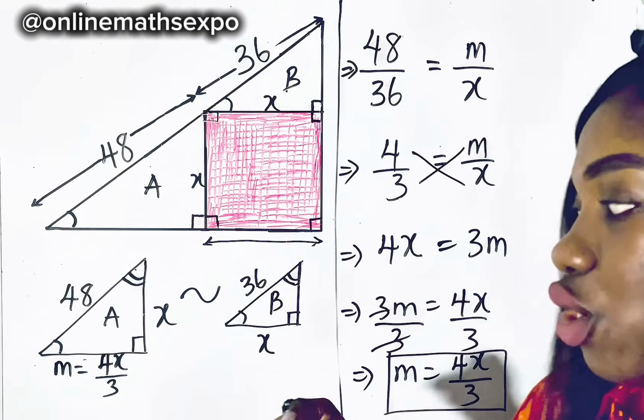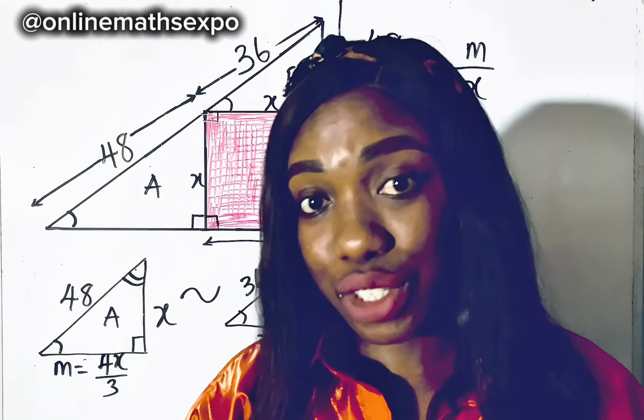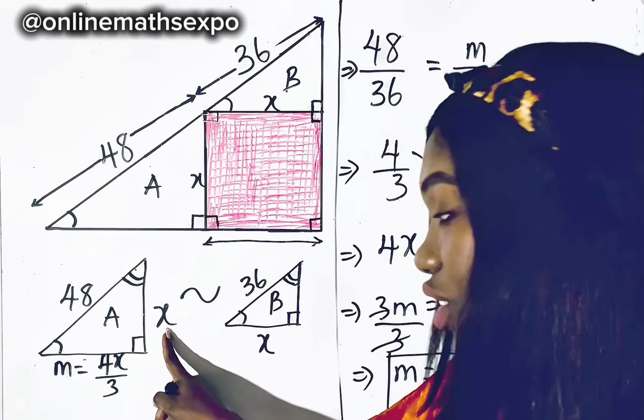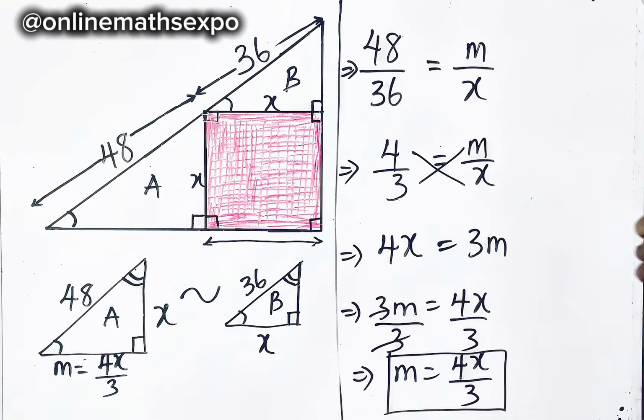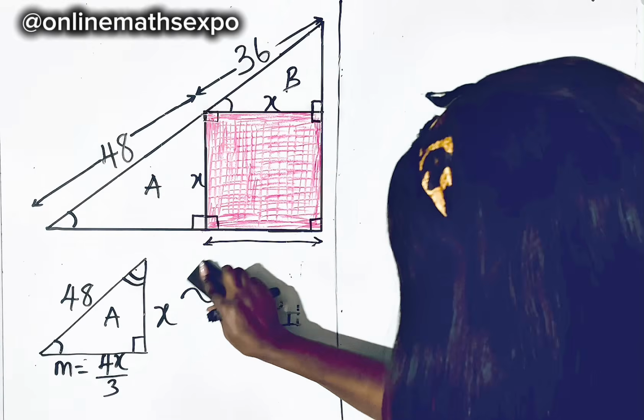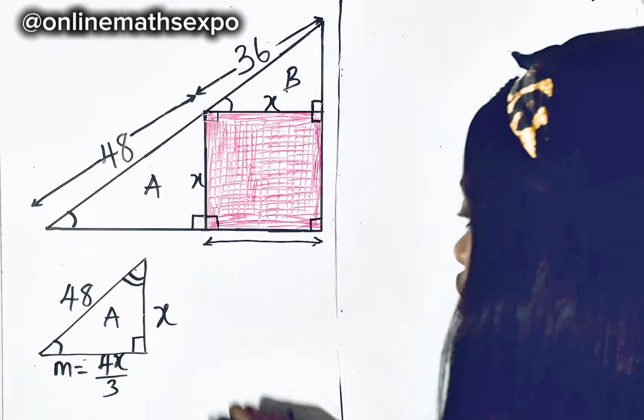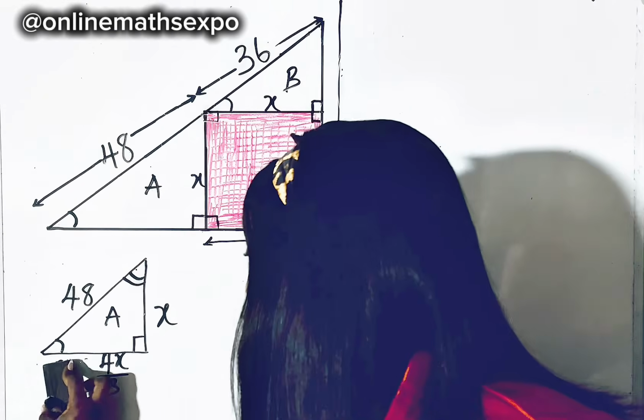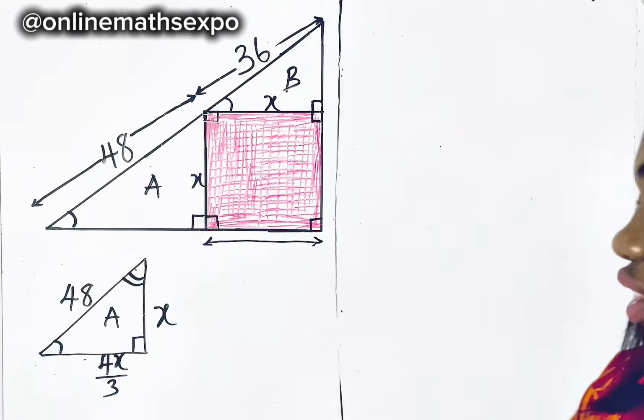In that case, you can use your Pythagorean theorem to find the value of x in this triangle A. Let's do that together. We can try to take this part off. Remember that this side is 4x over 3.